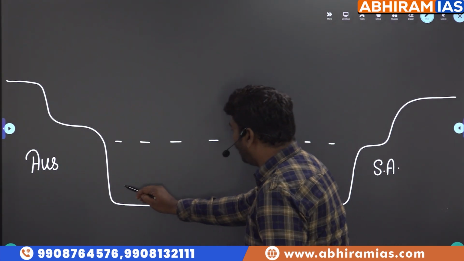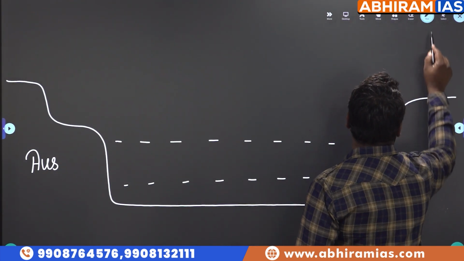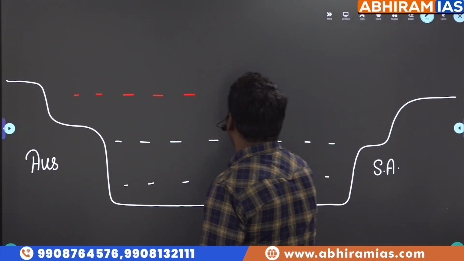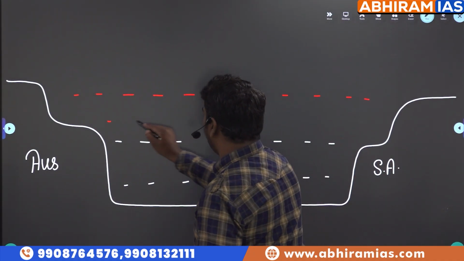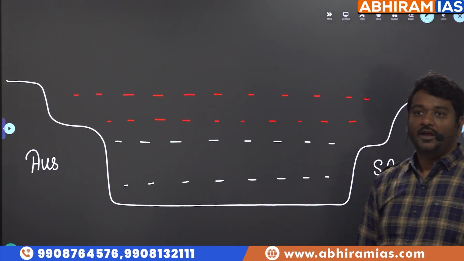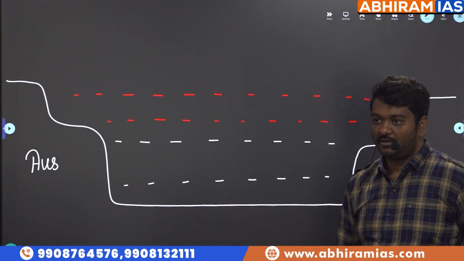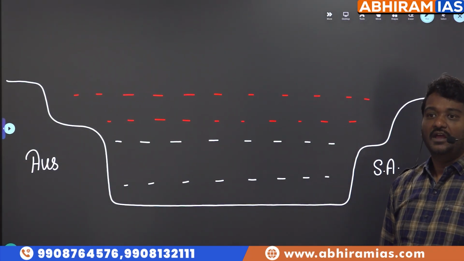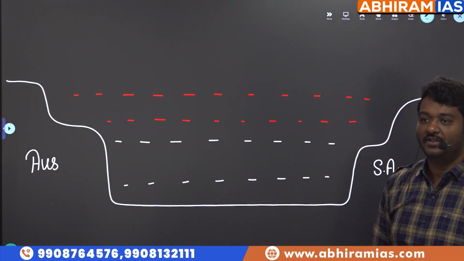Below always you will have cold water, and above you will have warm water. This is a phenomenon. Okay, we are talking near equator, that is closer to equator. Can we say trade winds will be there?